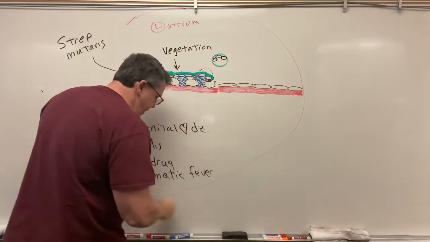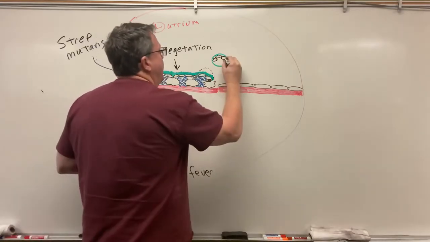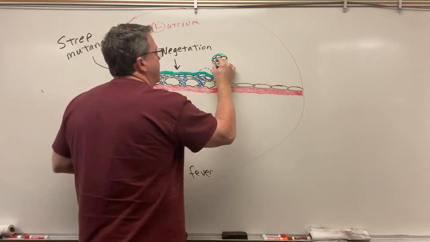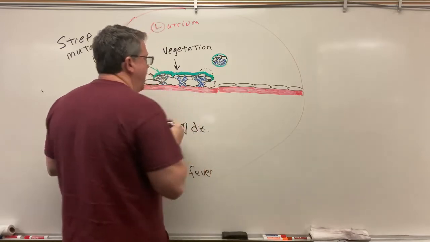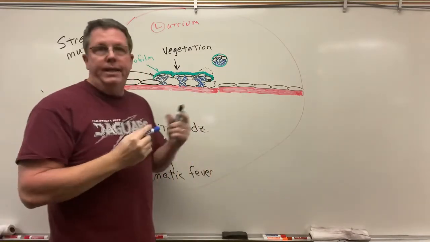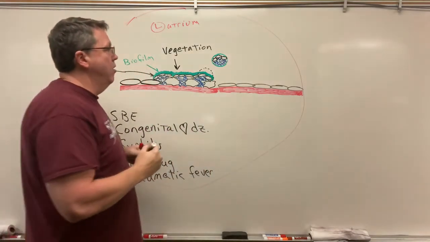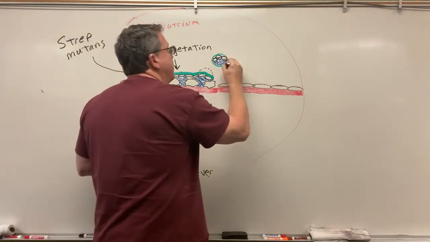And what can happen is this can go to another part of the body. Normally it's going to end up at the kidney. And what happens is, once it's there, it gets lodged in the kidney or whatever organ it is. And then when that occurs, basically it's going to lead to death.